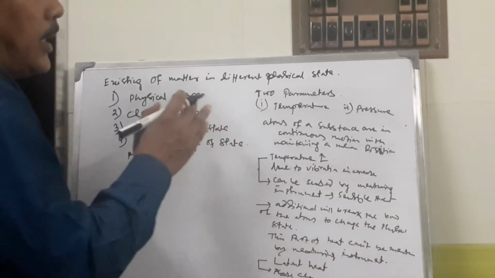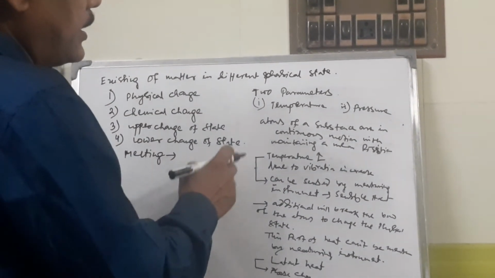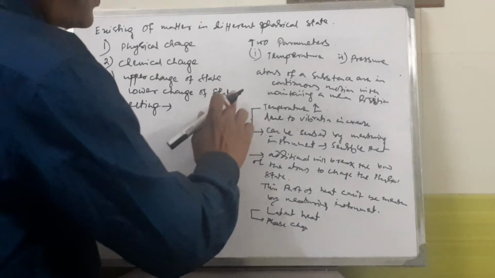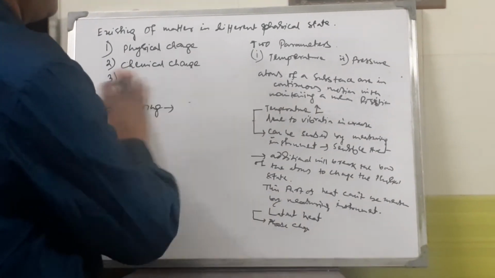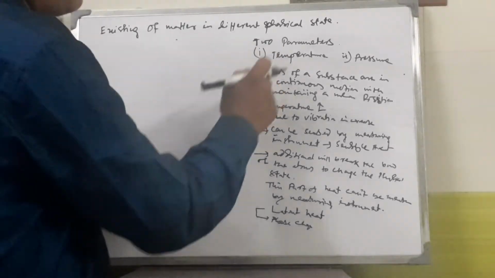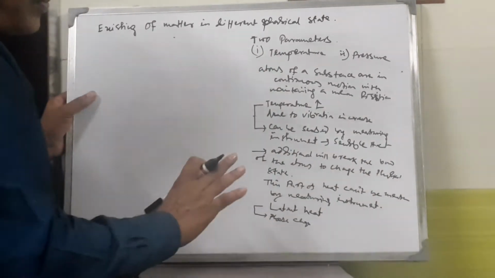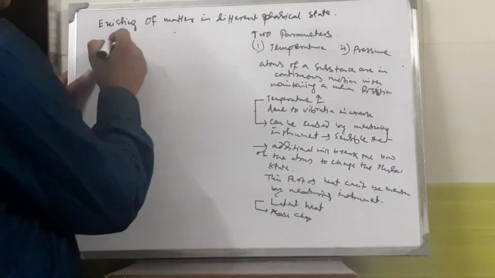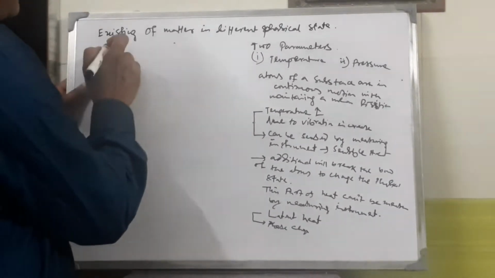So there are two parts of heat during melting of a substance. Number one is the sensible heat part, and number two is the latent heat part.